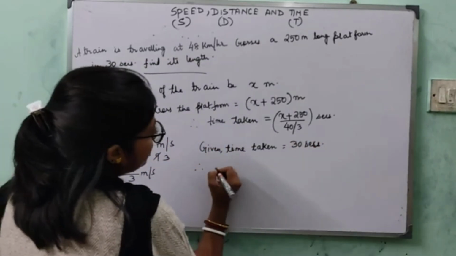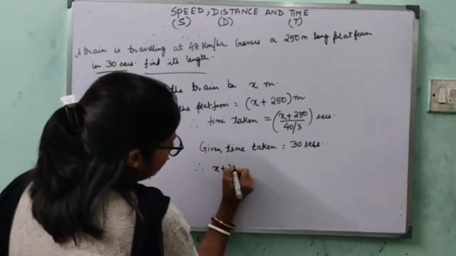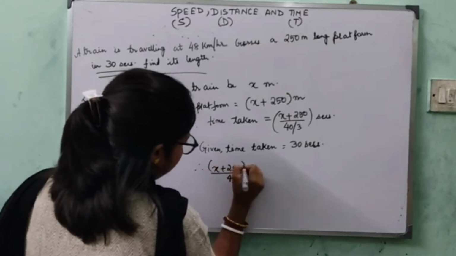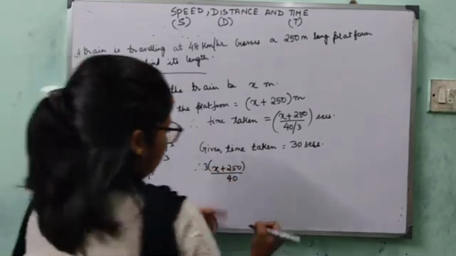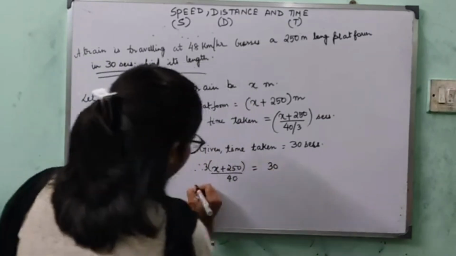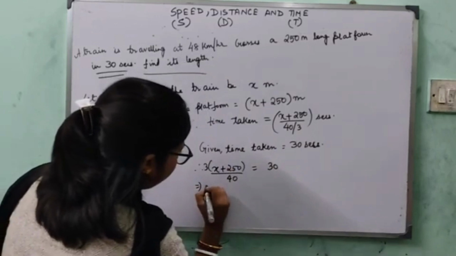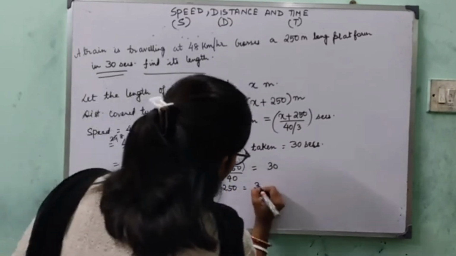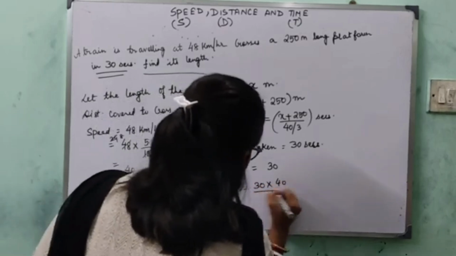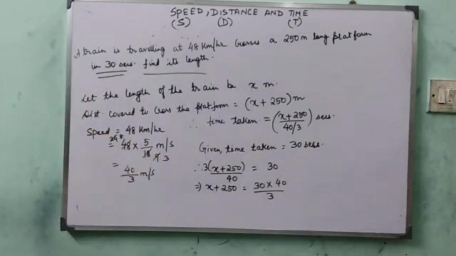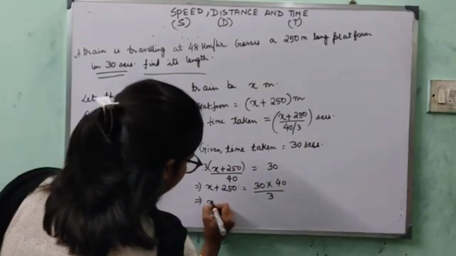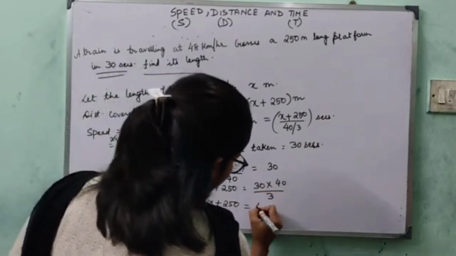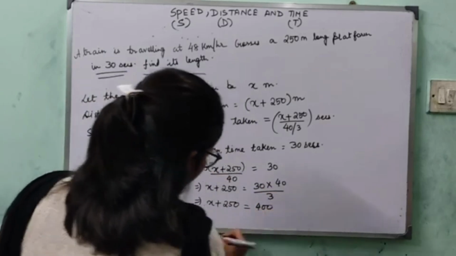So therefore I can say that (x + 250) by 40 by 3 equals 30, that implies x + 250 is equal to 30 into 40 by 3, x + 250 is equal to 400.